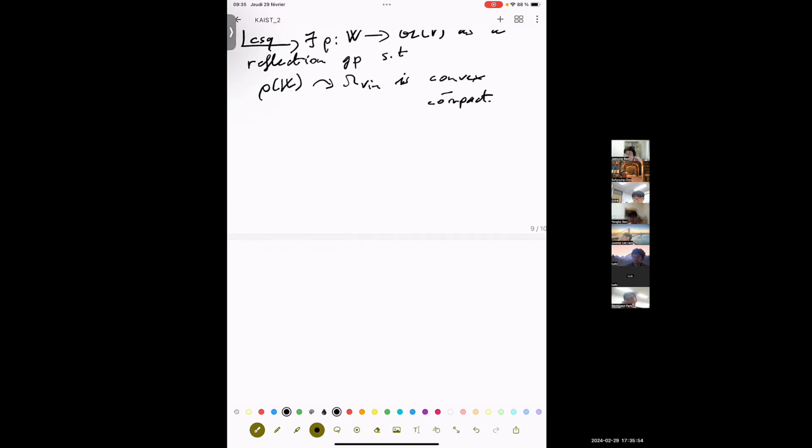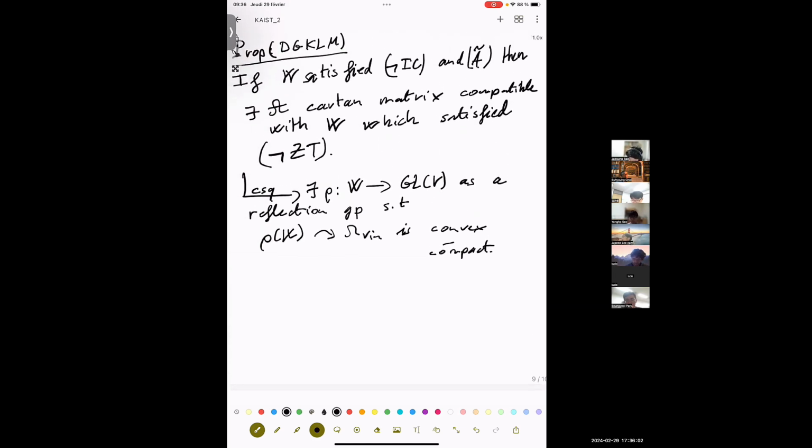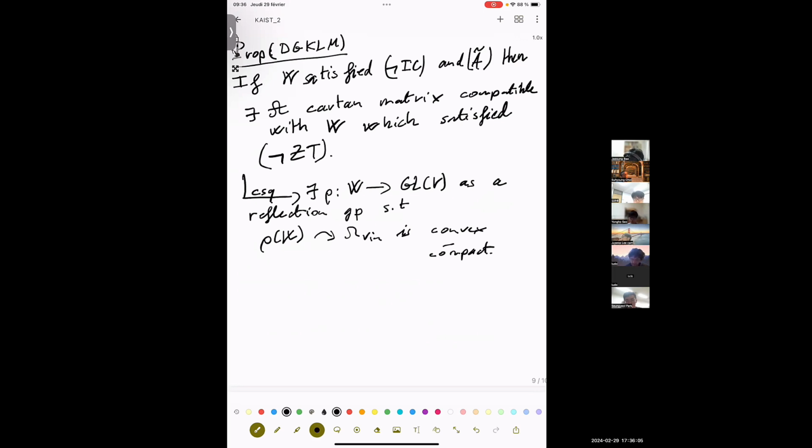Is this related to this A or any A? I mean, you say there exists A. If there exists an A, it doesn't mean that it holds for every A. It's just, if there exists an A such that you have a convex cocompact representation, then it means that your group satisfies no AC and A tilde.